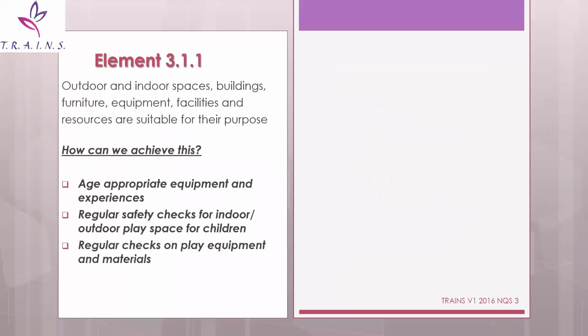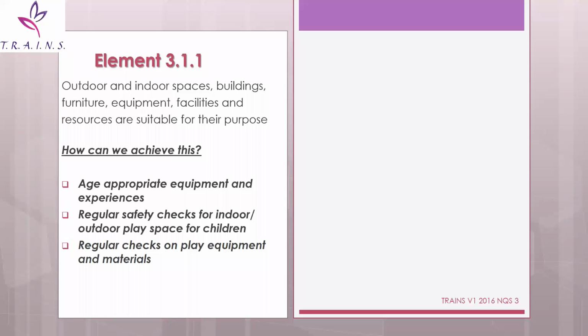We need to have regular safety checks for indoor and outdoor play spaces for the children. So I trust at your centre you are doing indoor and outdoor checks in the morning and throughout the day. It's not just that time that we have that checklist in front of us. We've always got our eyes and our ears open for anything that might be posing a risk, that might be a hazard for the children.